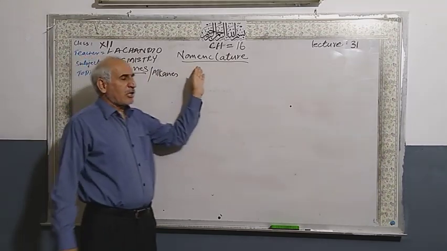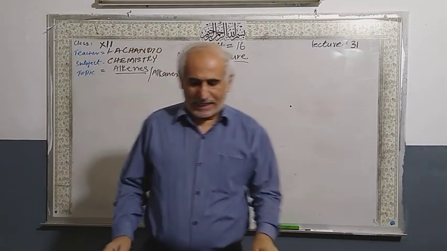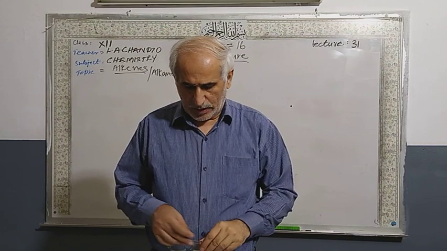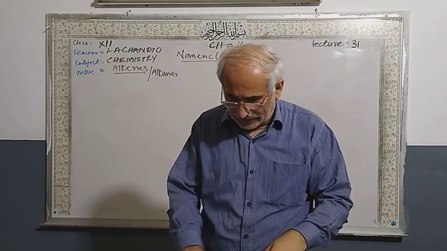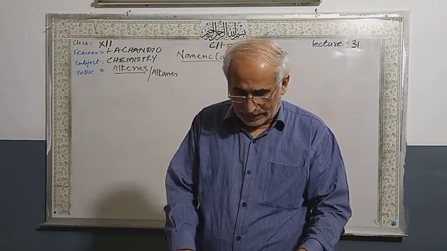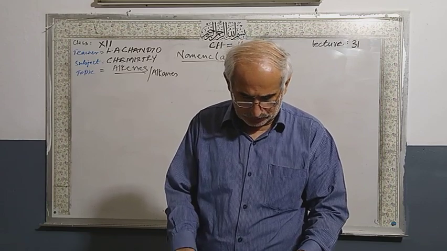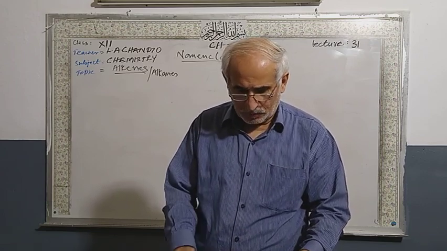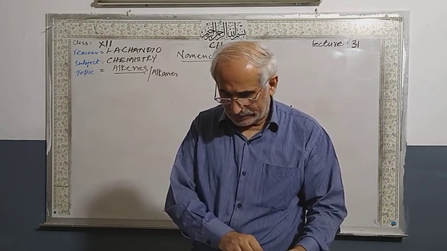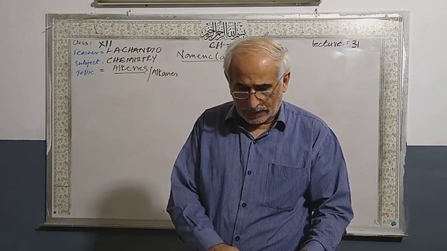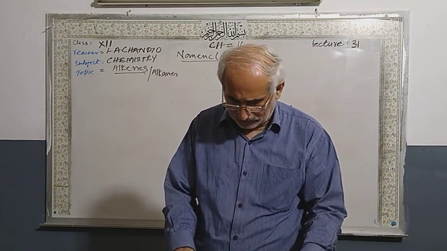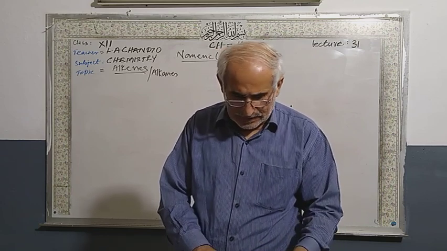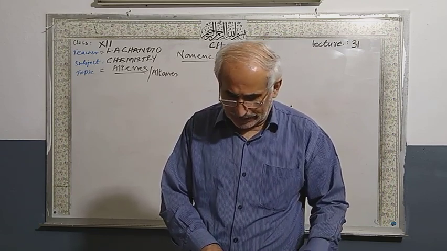Now in the last lecture I told you the nomenclature of alkanes. And I told you there are two types. One is name to structure and the other is structure to name.